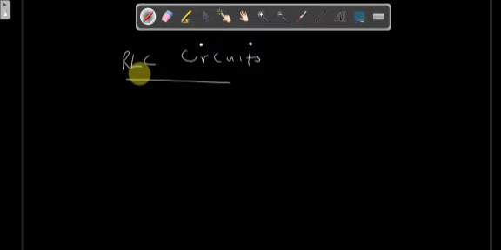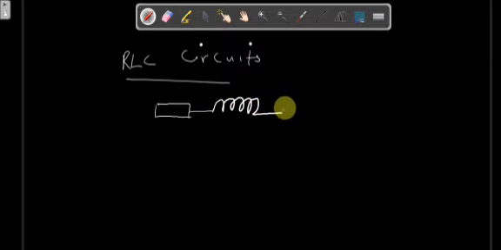I'm going to draw this. An RLC circuit will have a resistor connected in series with an inductor and a capacitor. So this is a series.